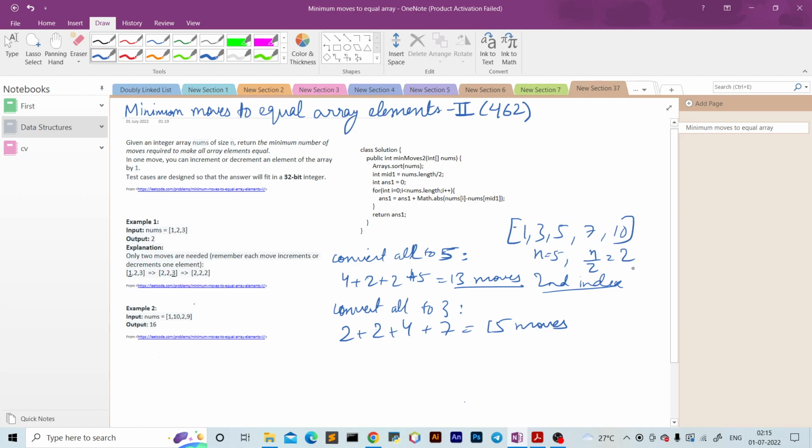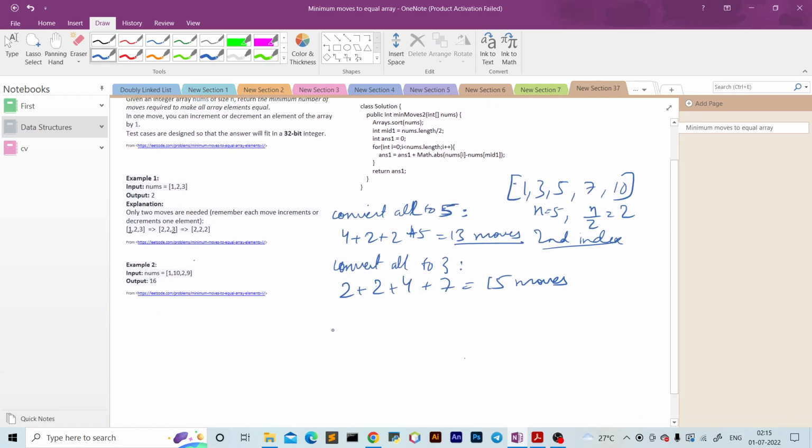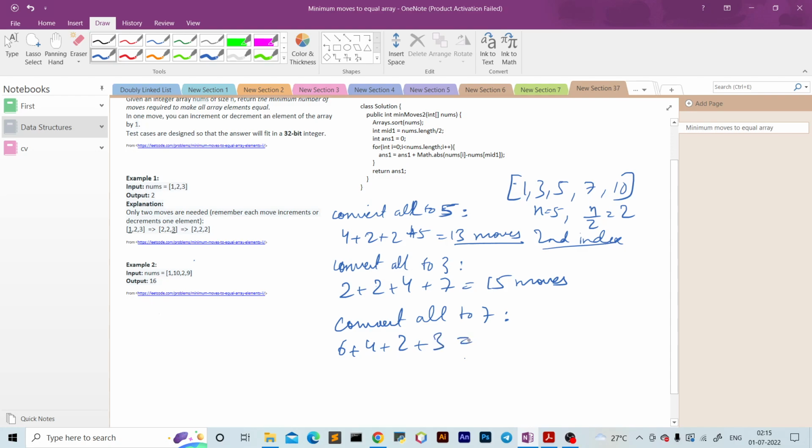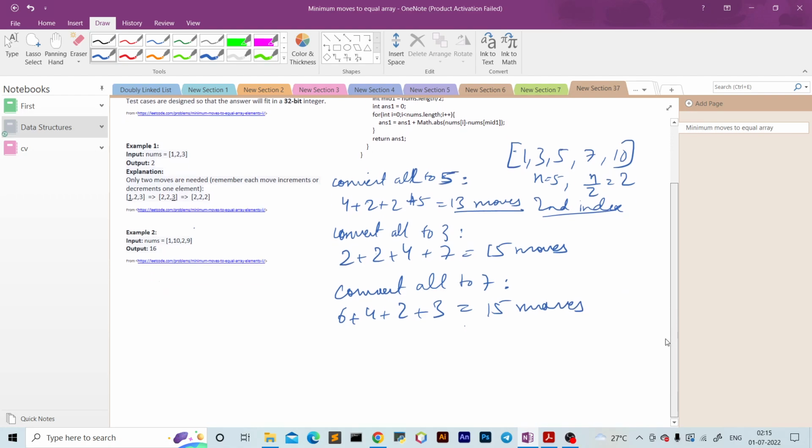Clearly this 13 is less. Now if we convert all to 7, we would have 6 plus 4 plus 2 plus 3 moves, which is again 15 moves.